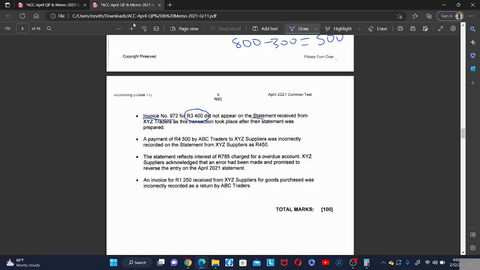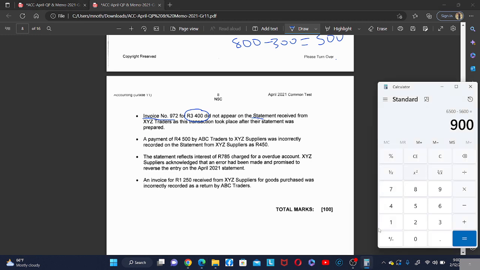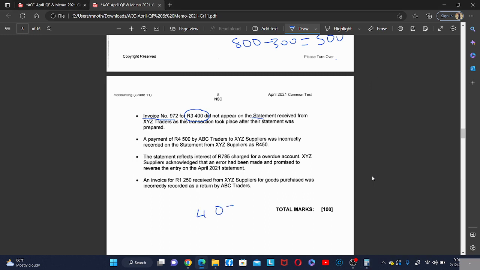A payment of 4,500 by ABC traders to XY suppliers was incorrectly recorded in the statement from XY suppliers as 450. 4,500 minus 450, the difference is 4,050. So we were making a payment to XY suppliers, but they recorded only 450.